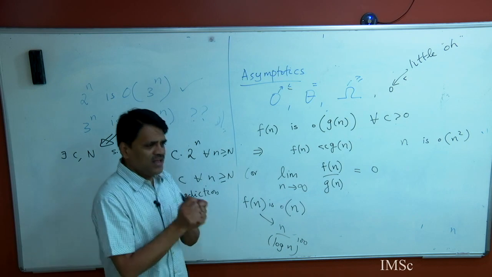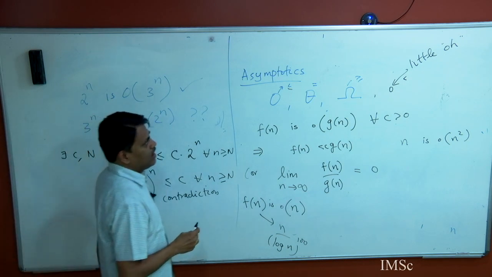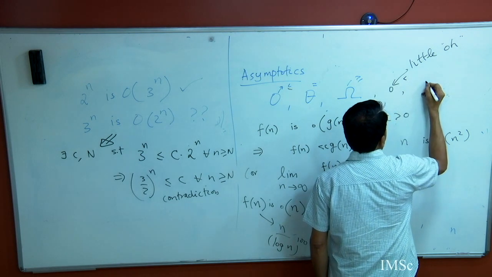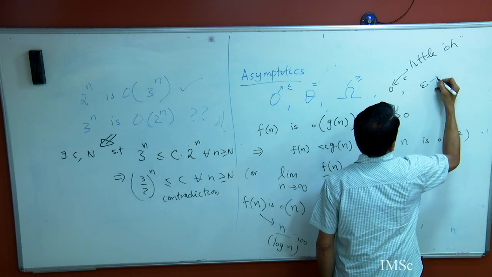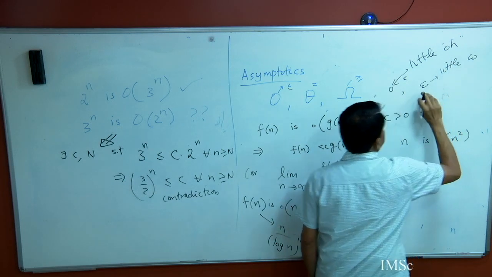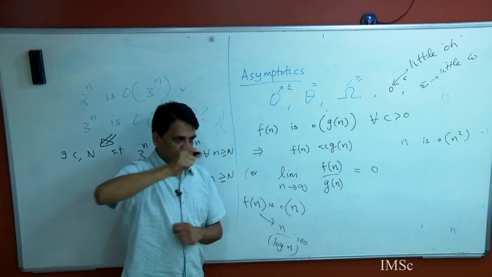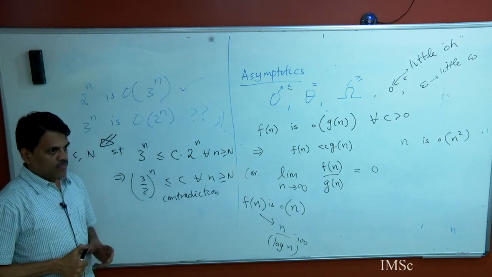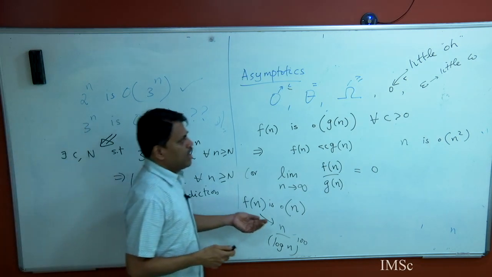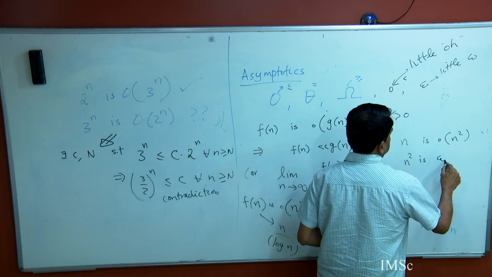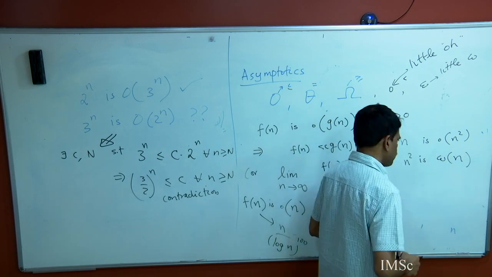So strictly smaller than is what is little o, and in the same fashion we have an inverse thing which is little omega, which means strictly bigger. So for example, n square is strictly bigger than n.